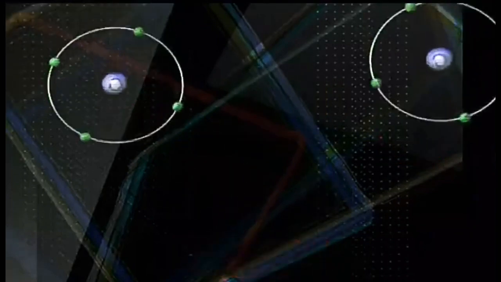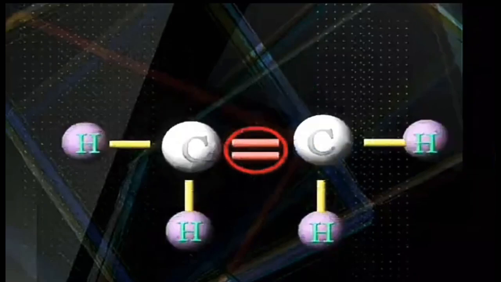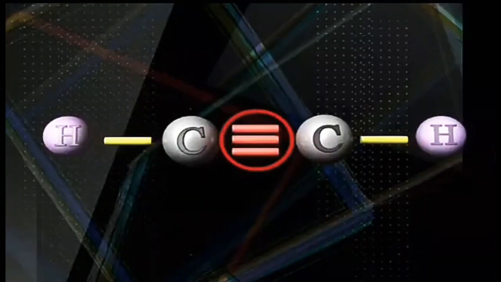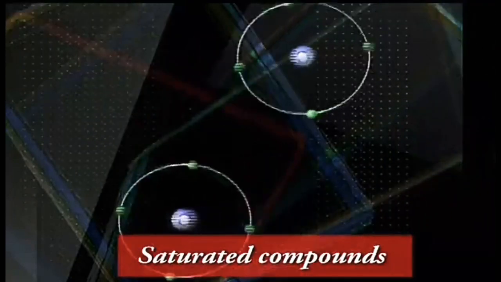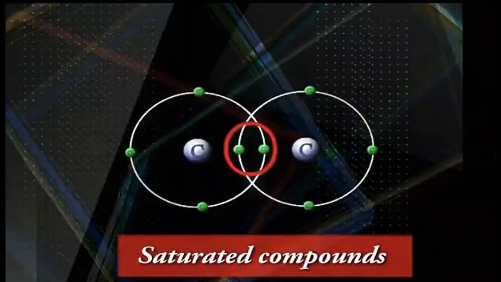Carbon can form bond with other carbon atoms by sharing one pair of electrons or 2 pair of electrons or 3 pair of electrons. Compounds in which carbon atom forms single bond by sharing one pair of electrons with other carbon atom are called saturated compounds.